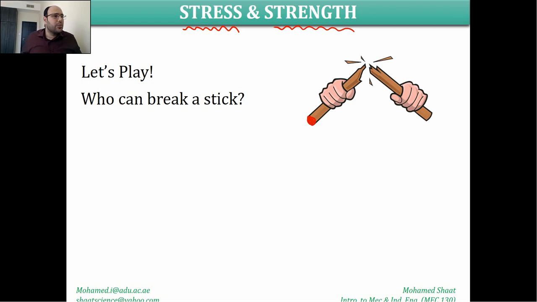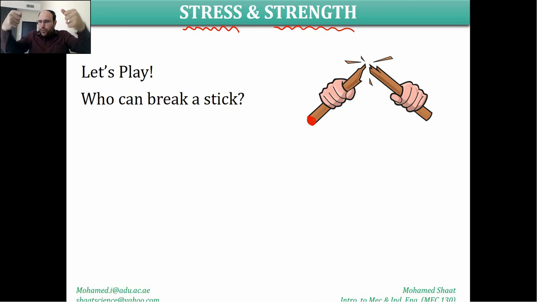The only thing I'm doing is increasing the diameter. At a certain diameter, you will not be able to break it. Below this diameter, you can break the sticks. Any stick at this diameter or higher, you definitely will not be able to break by your bare hands. So this depends on your strength, your ability, how strong you are.